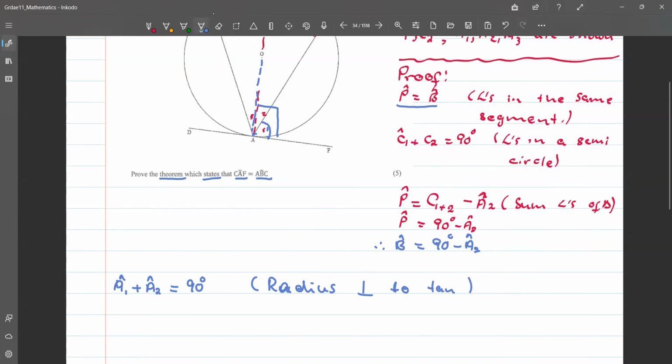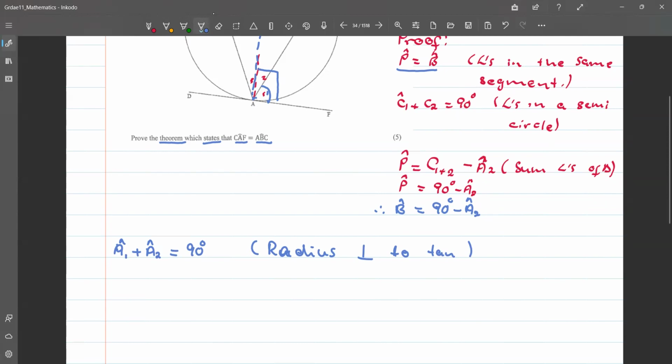Okay. Then what do you see here? Now I need to find A1. Remember, A1 is this angle here that we wanted. So we are going to say A1 equals 90 degrees minus A2. What else equals 90 minus A2?